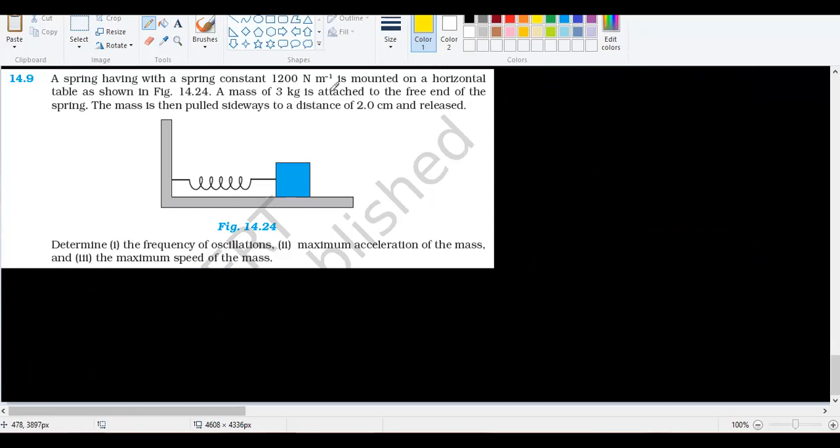So it means you have the mass here. I think they said frictionless. They didn't say anything about the friction, so I'm going to assume that it's a frictionless table. K is given.